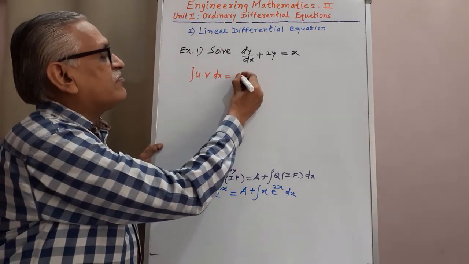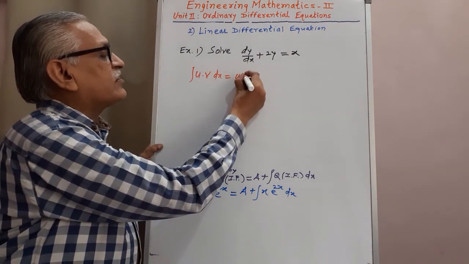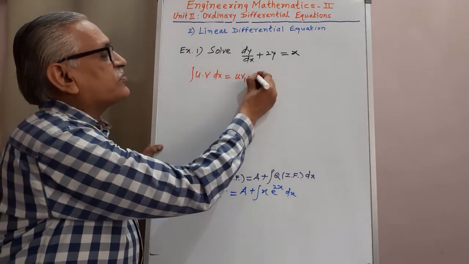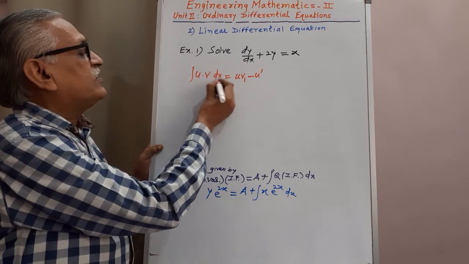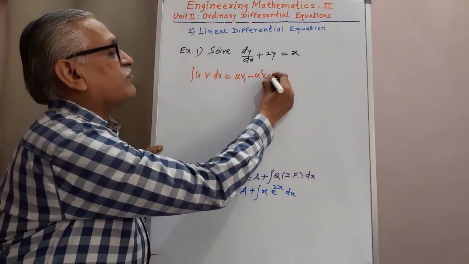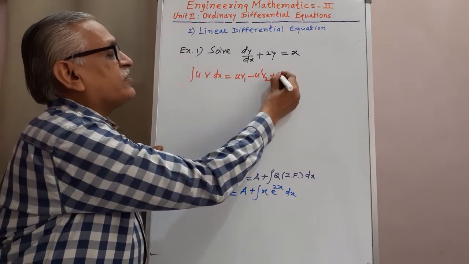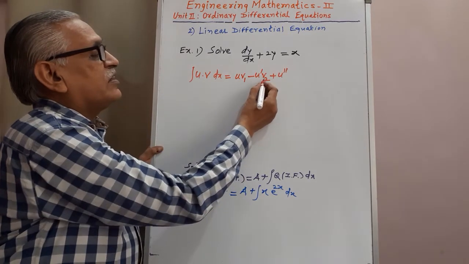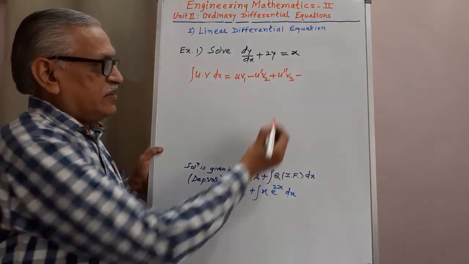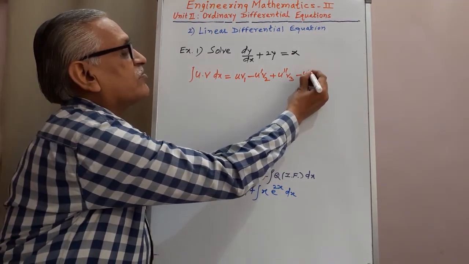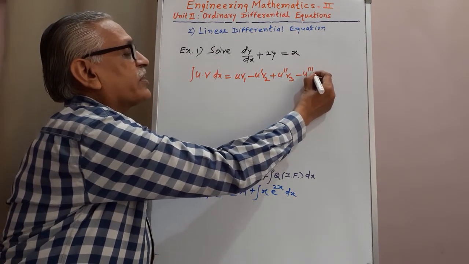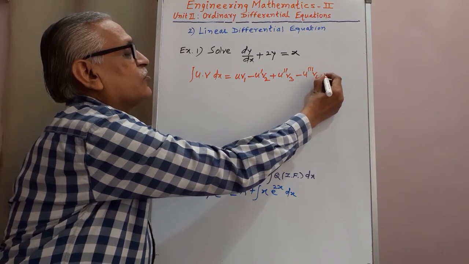First term, integration of the second, minus derivative of the first, next integration of this, plus next derivative of it, next integration of it, minus next derivative, and next integration of the second term, and so on.